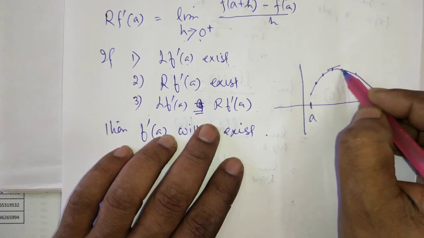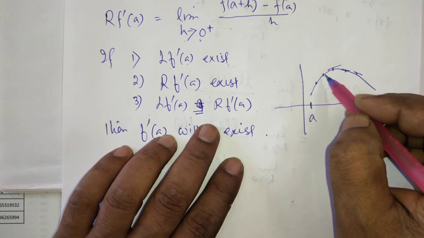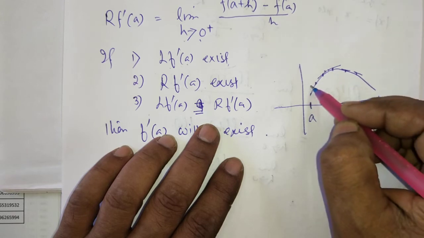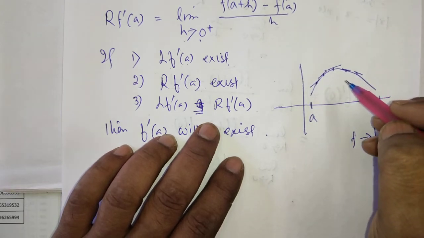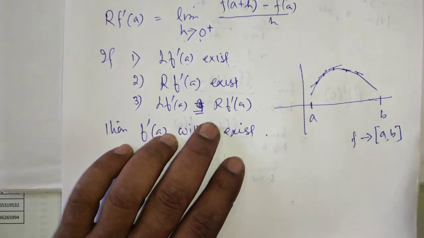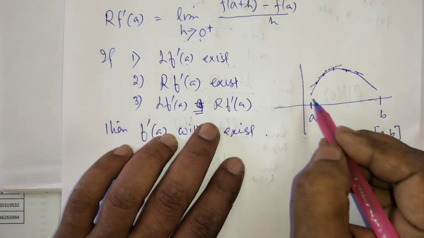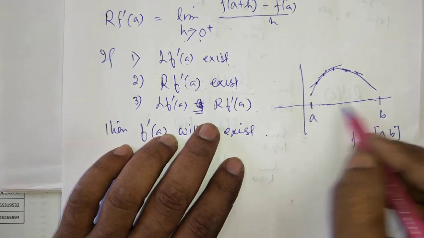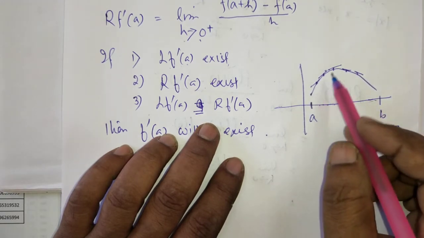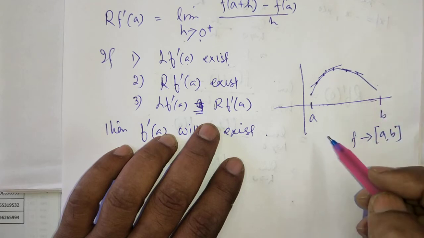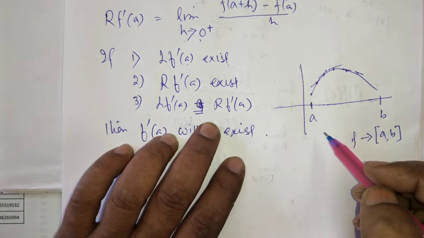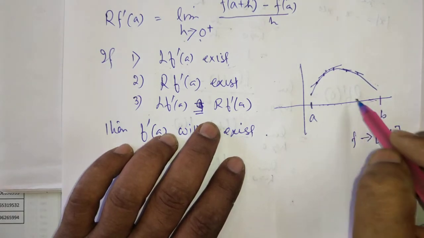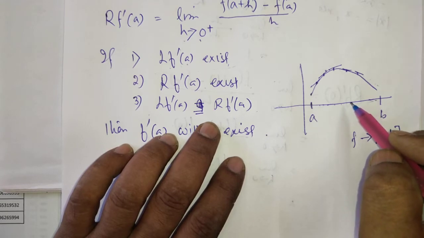Here is a tangent, here is a tangent, here is a tangent, or this is a tangent. That means at every point there is a unique tangent. Tangent means a line touching the curve. But at that particular point between A and B, whatever the point, at every point we are getting a unique tangent. Okay, a unique tangent means dy by dx exists.